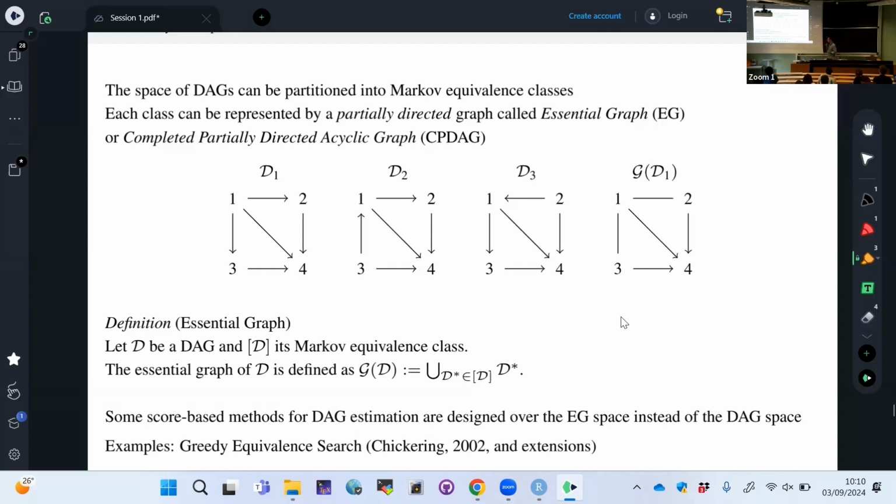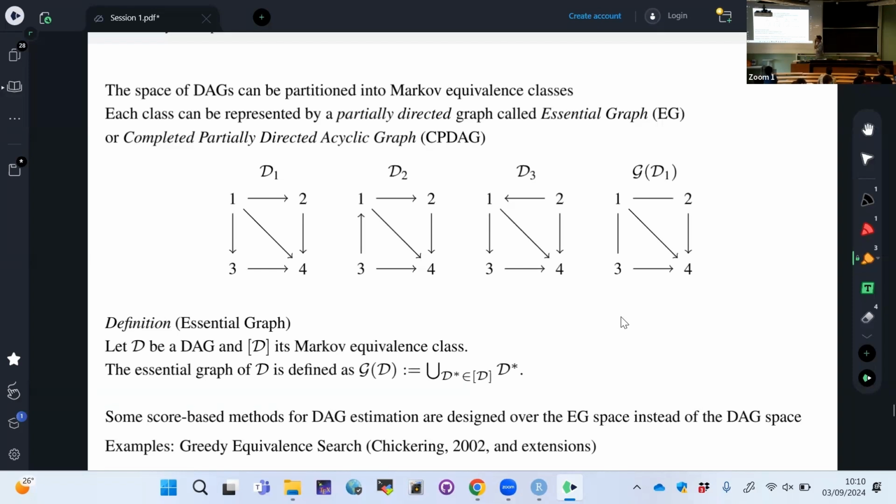So instead of looking at the DAG estimate, you may want to reconstruct the representative essential graph, which is basically saying, I cannot determine the orientation of these edges. I estimated this DAG, but the orientation is not unique in the equivalence class.